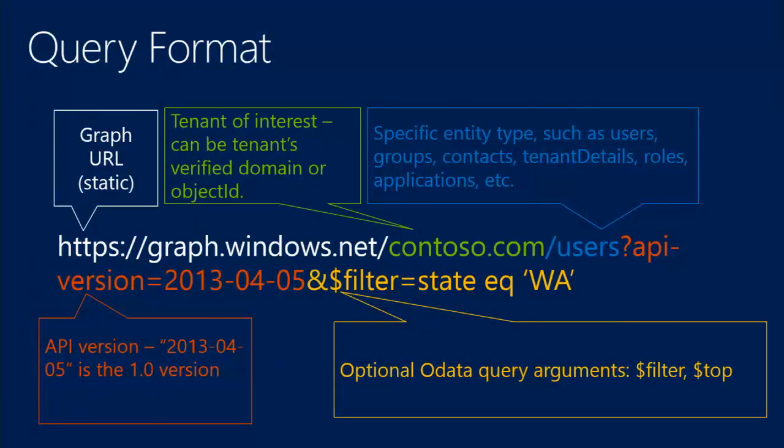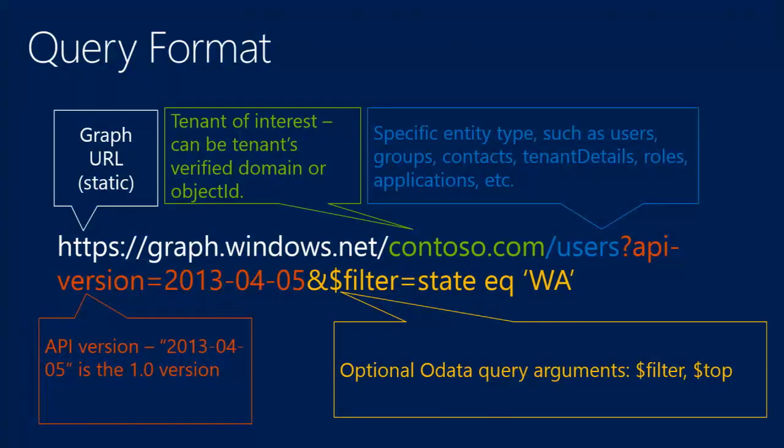So this can be any verified domain that the tenant owns or the tenant's object ID. This is a GUID, a unique identifier. But verified domains are also a unique identifier. The blue is the entity type that you're going to call into. In this example, I'm just showing users. But as I mentioned previously, there are other entity types: groups, contacts, tenant details, etc.